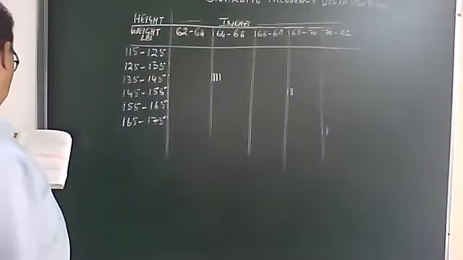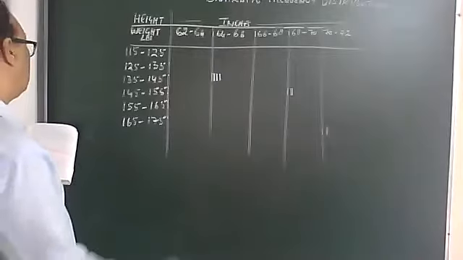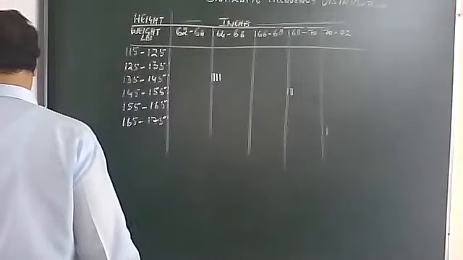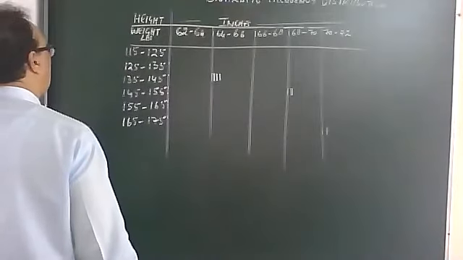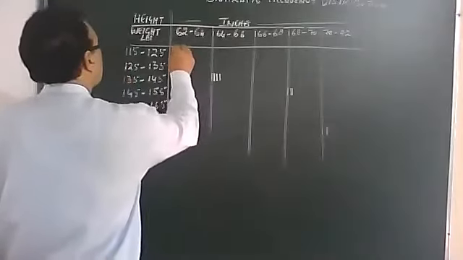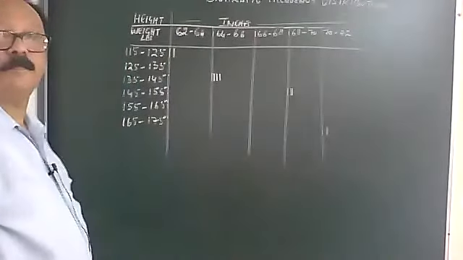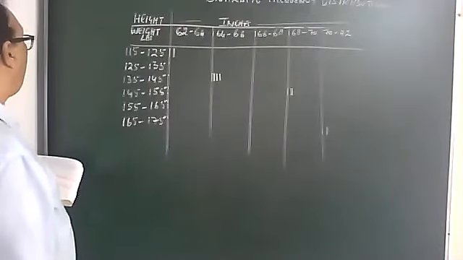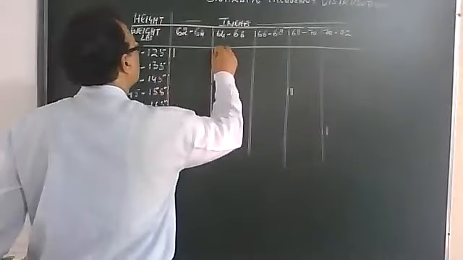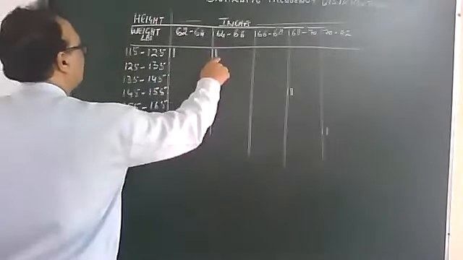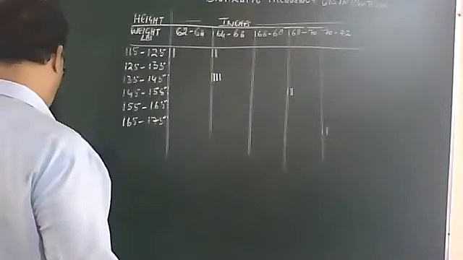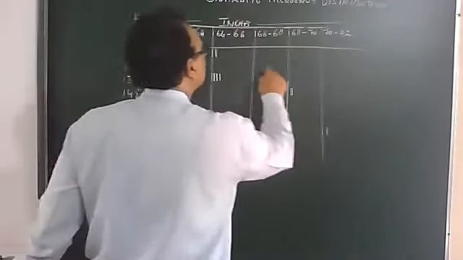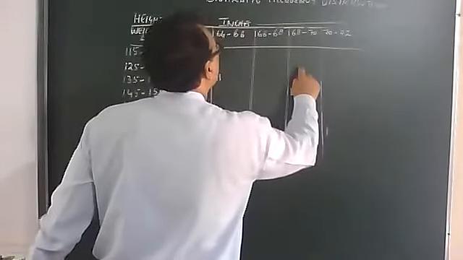Then 124, 63. 124, 63 will be here. Then 117, 65. 117, 65 will be here. 128, 70. 128 will be here, 70 will be here.